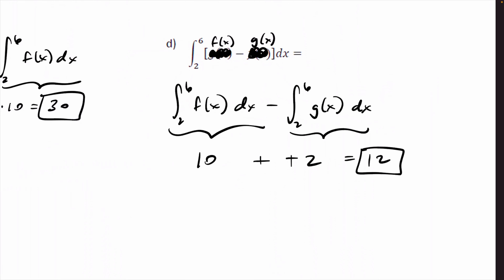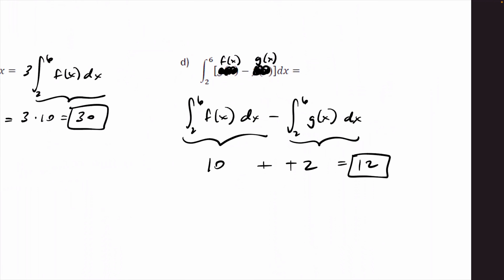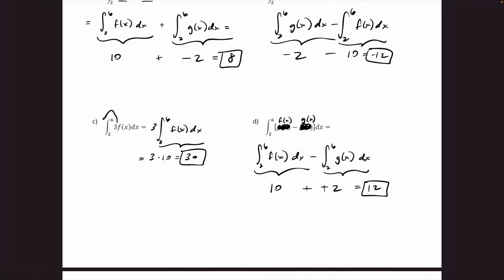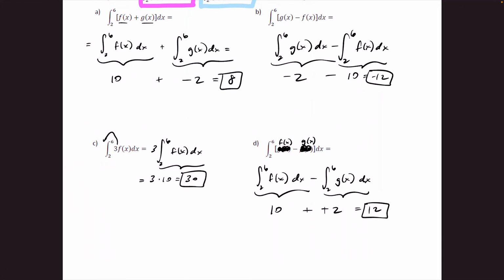So did you get the same answer as B? No, even though you're subtracting the same 2 functions, order matters with subtraction. It matters which one's subtracting first, which one's subtracting second. One of them has a positive, one of them has a negative. So order matters when you're subtracting and dividing.